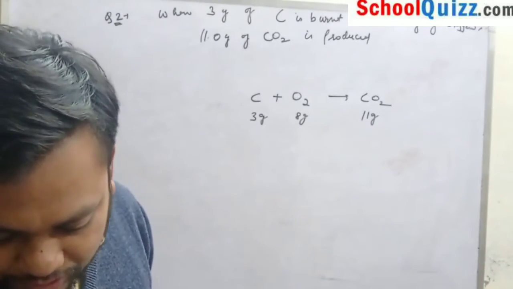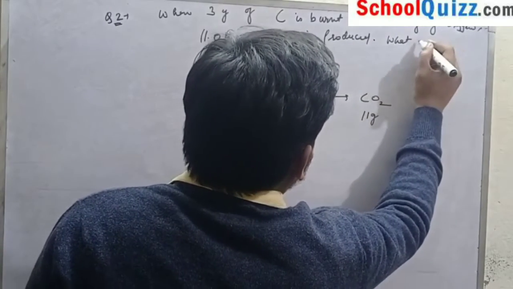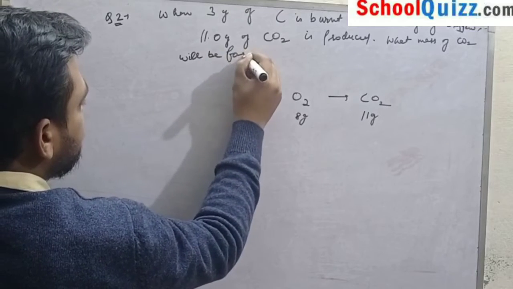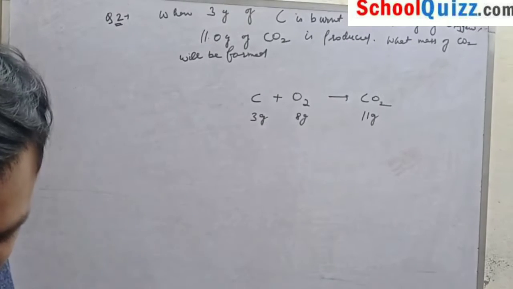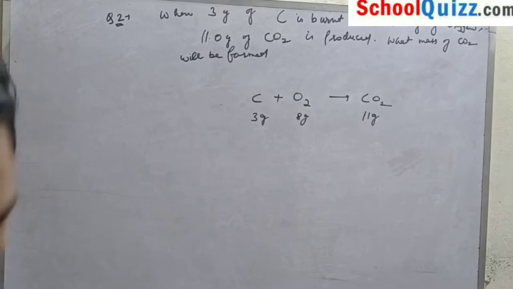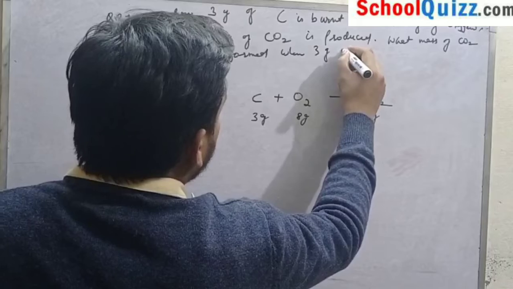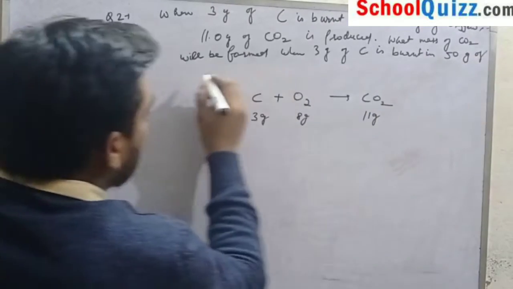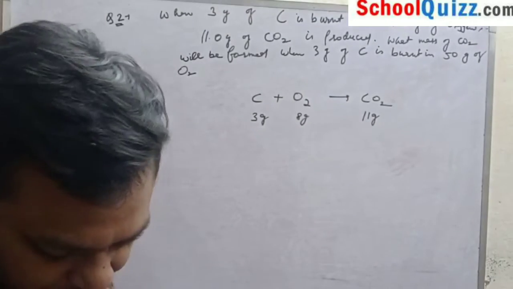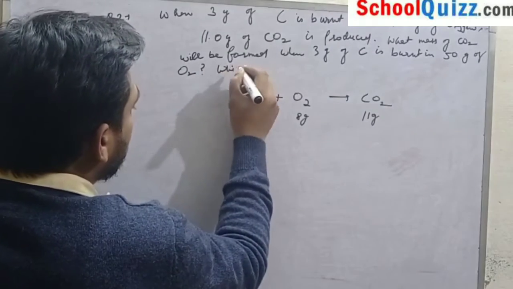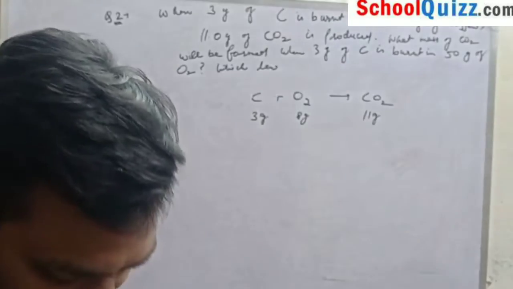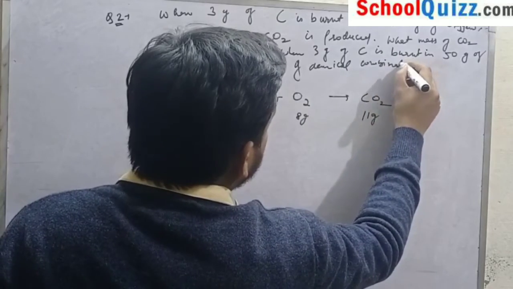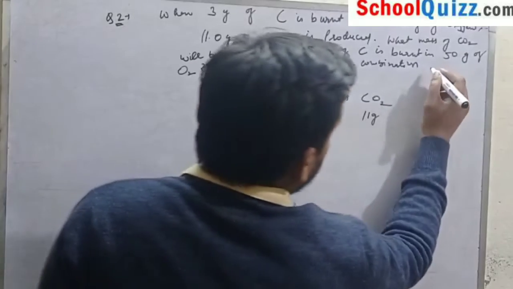Next it says, what mass of carbon dioxide will be formed when 3 gram of carbon is burnt in 50 gram of oxygen, and we have to tell which law of chemical combination will govern your answer.